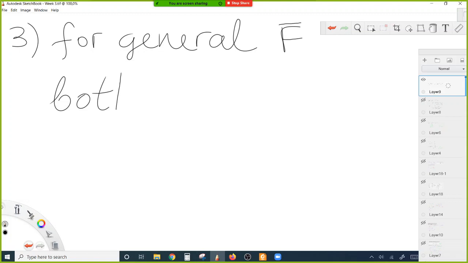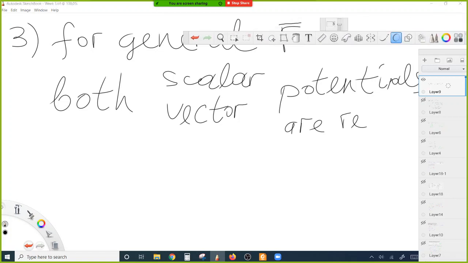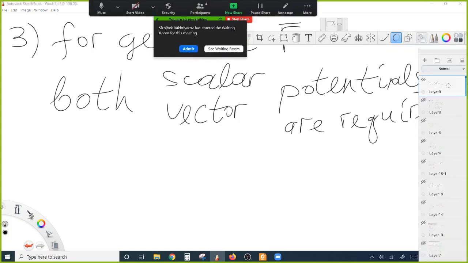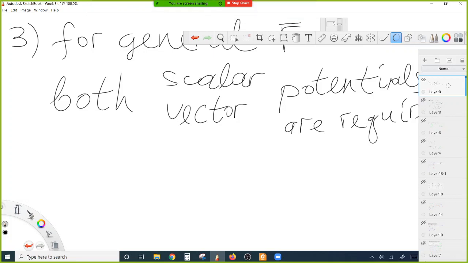Both scalar and vector potentials are required to describe our vector field completely.